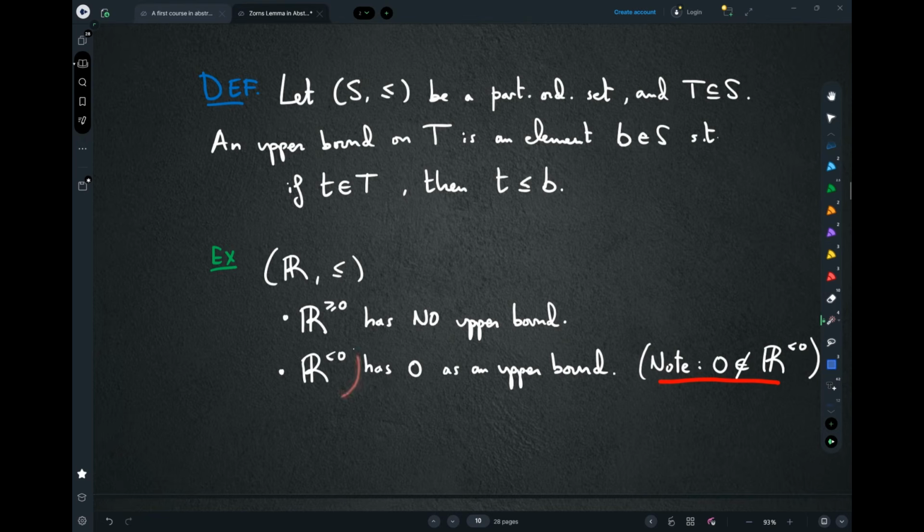However, if you take the set of negative real numbers, then 0 is an upper bound.